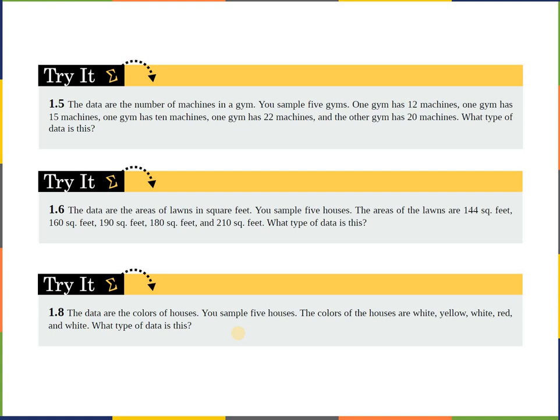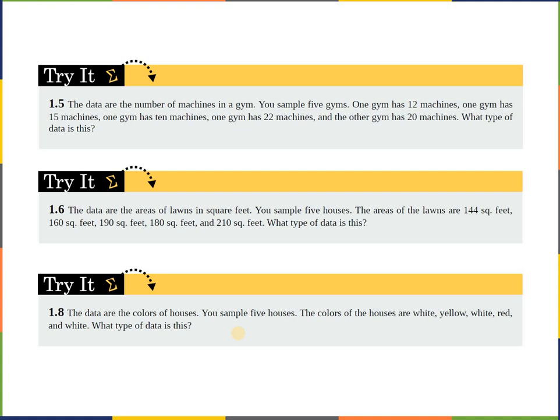1.6. The data are the areas of lawns in square feet. You sample 5 houses. The areas of the lawns are 145 square feet, 160 square feet, 190 square feet, 180 square feet, and 210 square feet. What type of data is this?